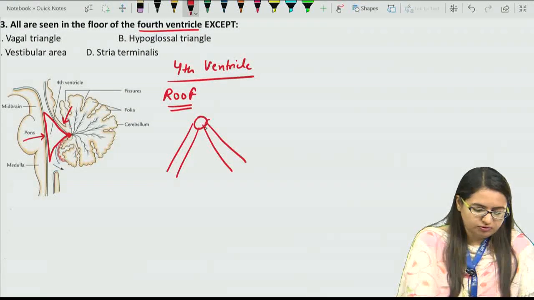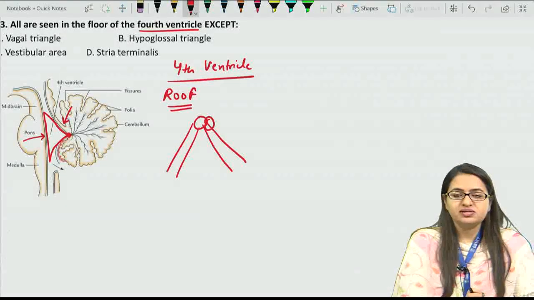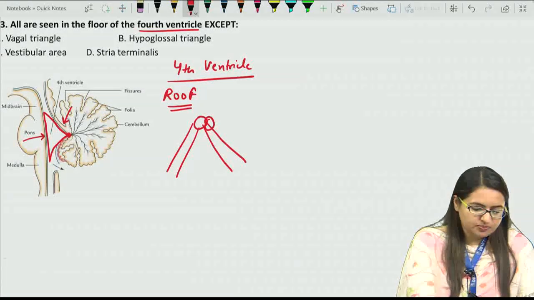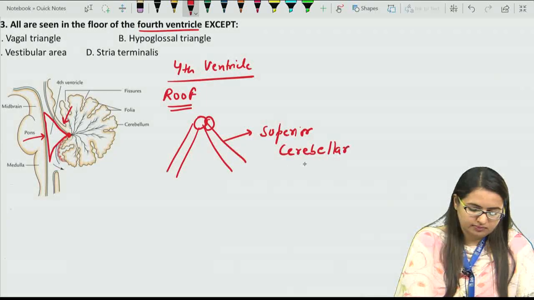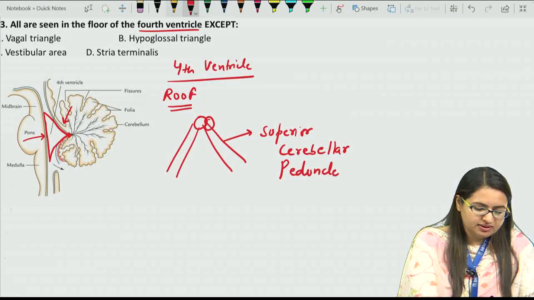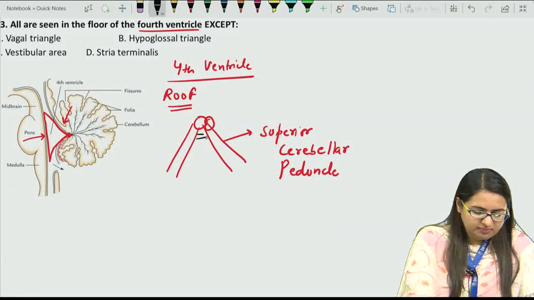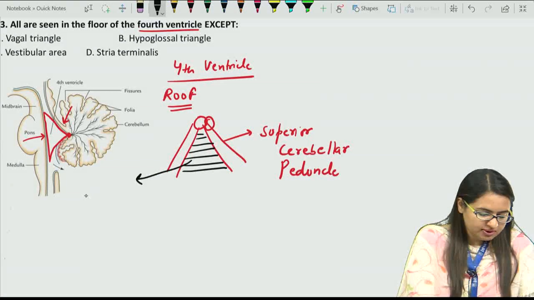Towards the upper side of the roof, we are having the superior cerebellar peduncles which are present over here. These are the superior cerebellar peduncles. And there is a thin membrane-like structure which is present between the superior cerebellar peduncles, and this is the superior medullary velum.